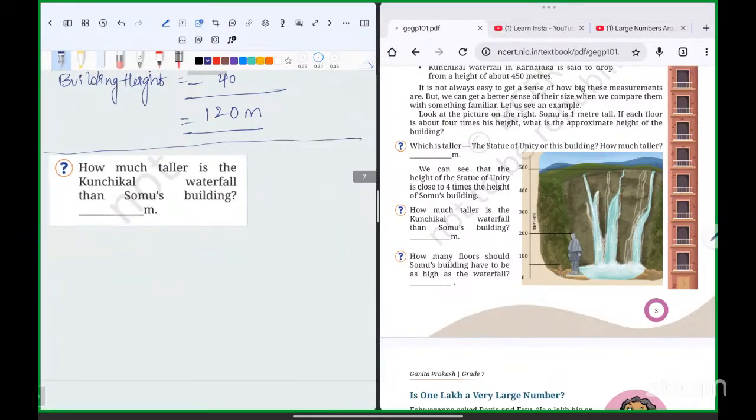How much taller is the Kunchikal waterfall than Somo's building? Firstly, we know the height of Somo's building.